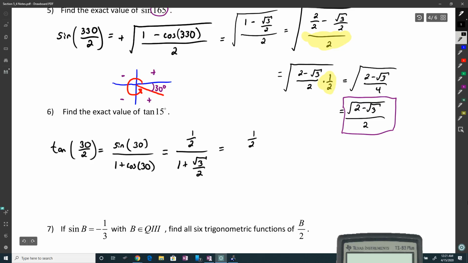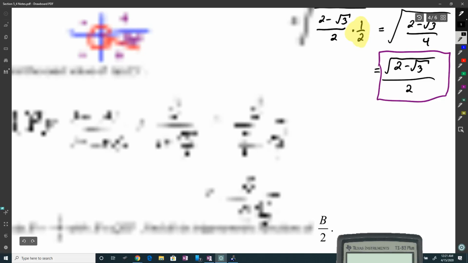So I have 1/2 over 2 over 2 plus square root of 3 over 2. For the same reason as before, this is where the halves cancel.